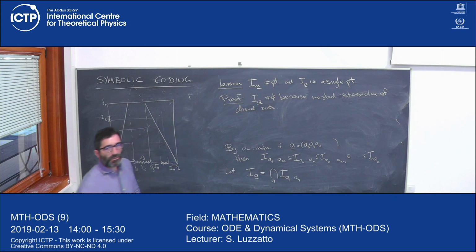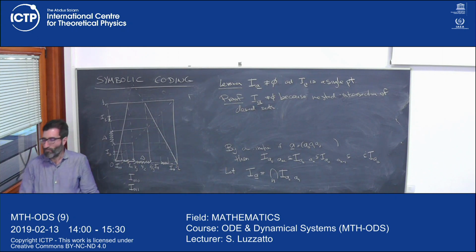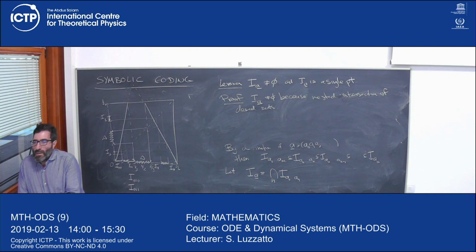And why is it a single point? We need to prove the limits are equal. Is it always true that a nested intersection of closed intervals is a single point? No, of course not.